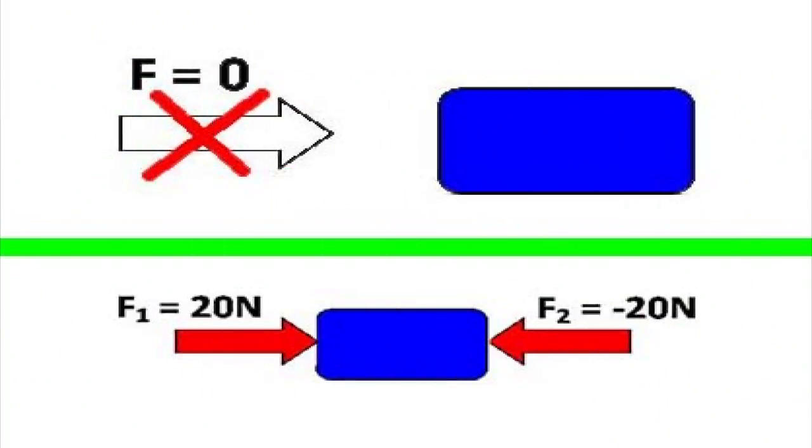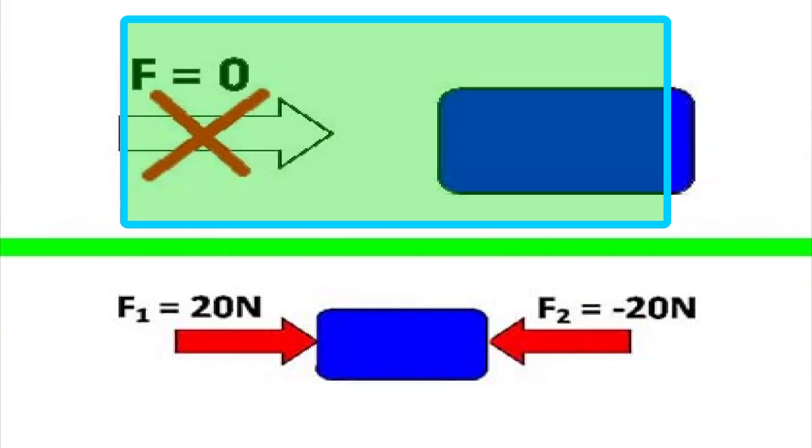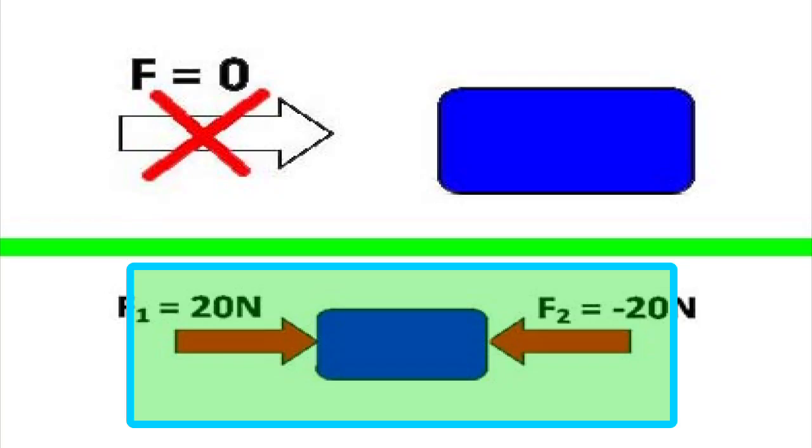Tip 3. In Newton's first law, there is no difference between objects that are stationary and objects that move at a constant speed on a straight line. Tip 4. There is no difference between the following two cases: no force applied to the object, or the result of the forces is zero.